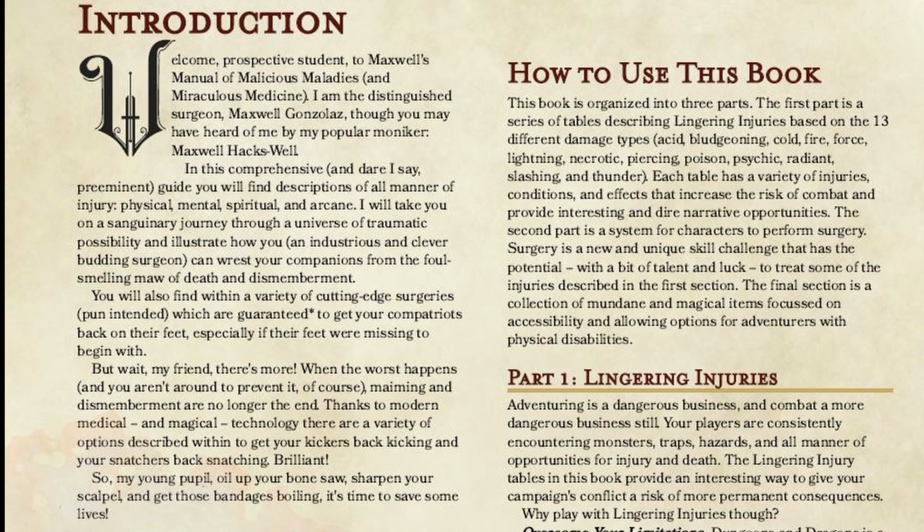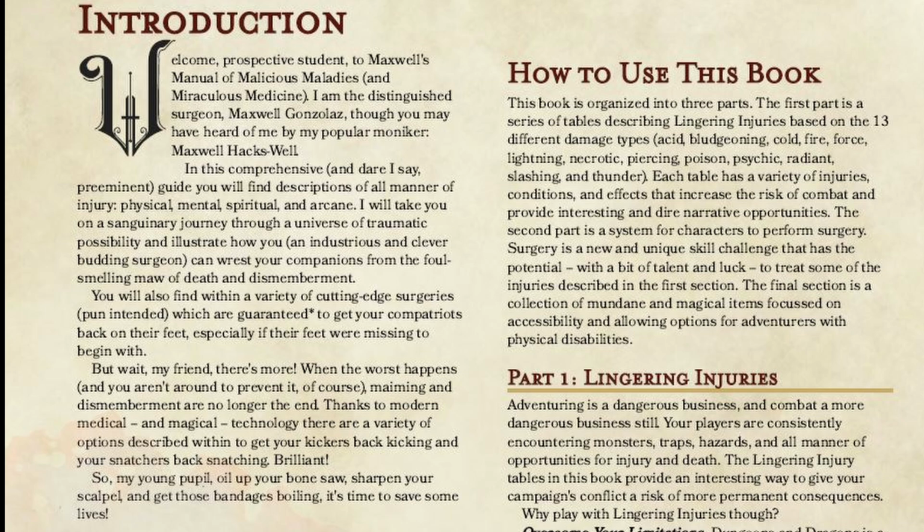You will also find within a variety of cutting-edge surgeries, pun intended, which are guaranteed to get your compatriots back on their feet, especially if their feet were missing to begin with. But wait, my friend, there's more. When the worst happens, and you aren't around to prevent it, of course, maiming and dismemberment are no longer the end.